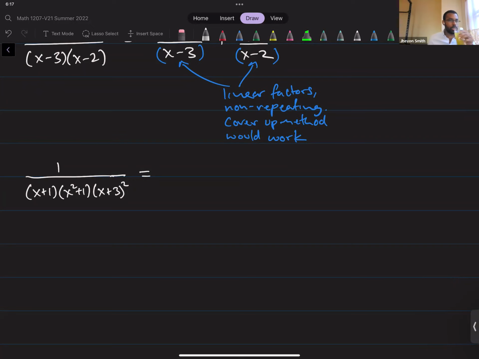What will be the form of the partial fractions? Anyone?